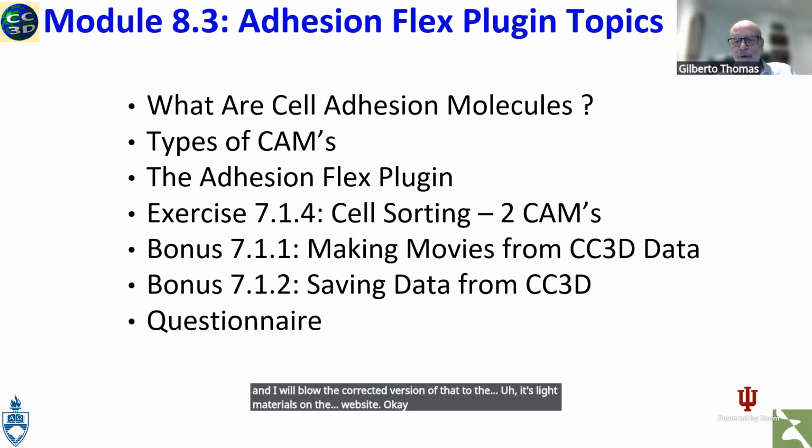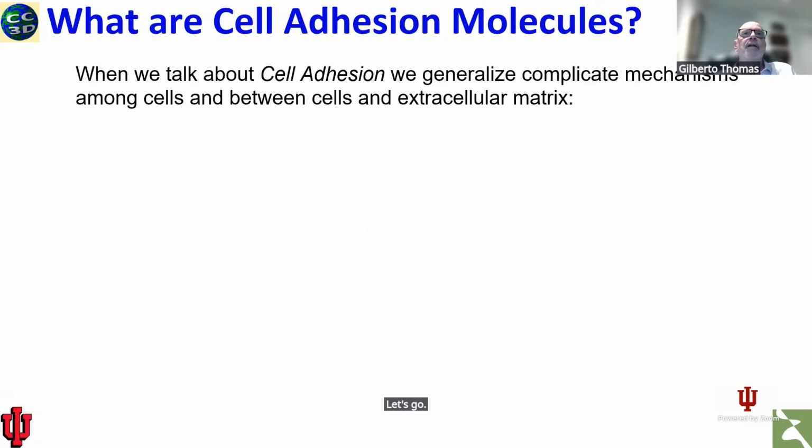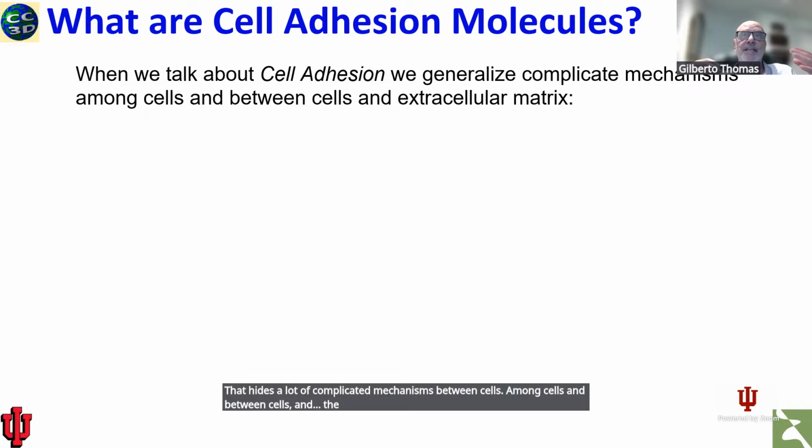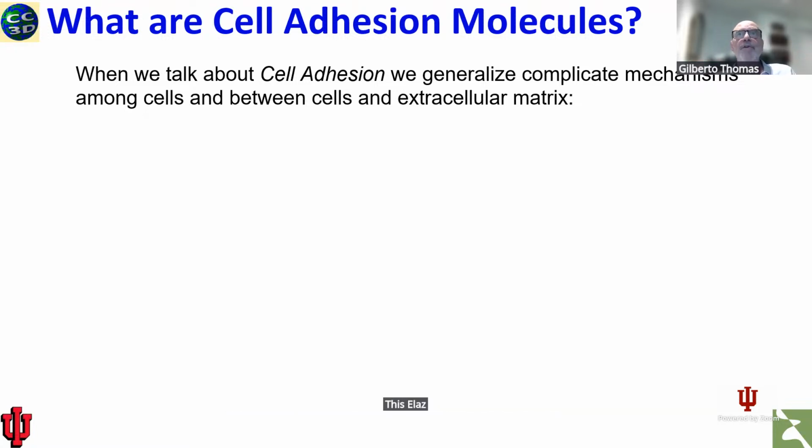Okay, let's go. When you talk about cell adhesion, it's a generalization that hides a lot of complicated mechanisms among cells and between cells and the environment, the extracellular matrix or substrate that the cells are moving in or moving on.